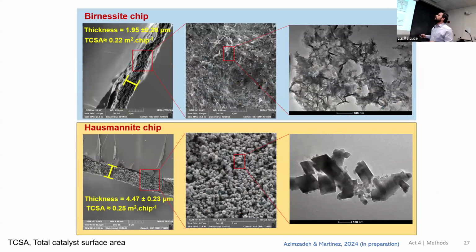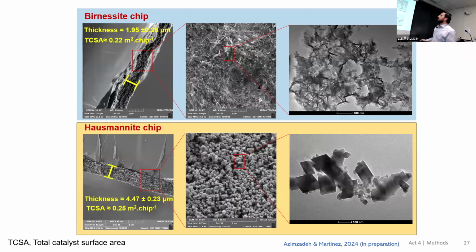This is a closer view of the birnessite and husbandite chips. Here on top is a cross section of that. It shows how thick the film of manganese oxide is: for birnessite it's around 2 micrometers, and for husbandite it's 4.5 micrometers.